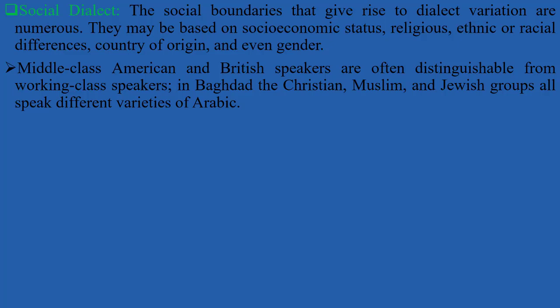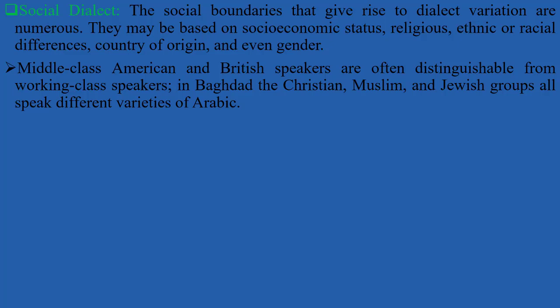They may be based on socioeconomic status, religion, ethnic or racial differences, country of origin, and even gender. So these variations could be the result of socioeconomic status, religious variation, ethnic and racial differences, etc.